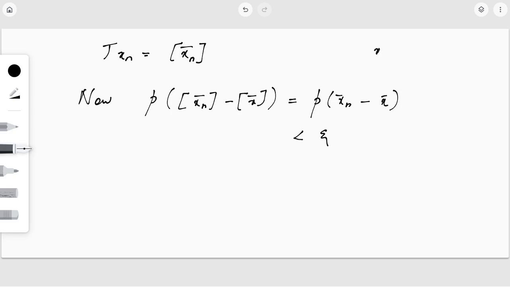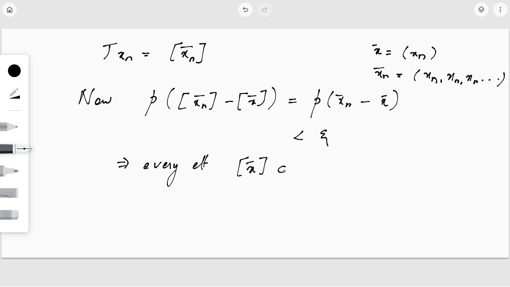Why? x bar was nothing other than the sequence xn, and xn bar is the constant sequence xn, xn, xn. So P of xn bar minus x bar will definitely be less than epsilon.